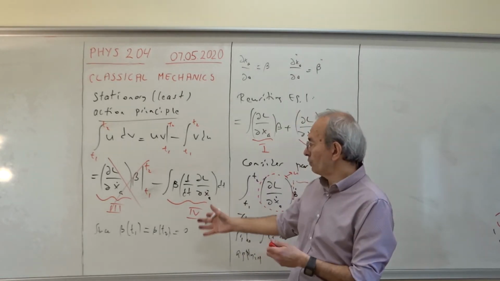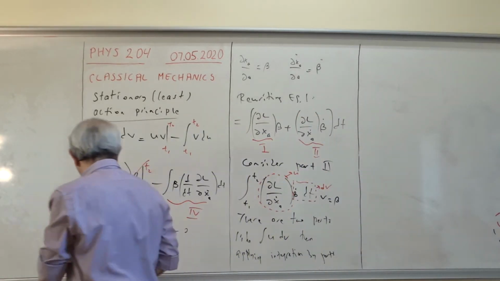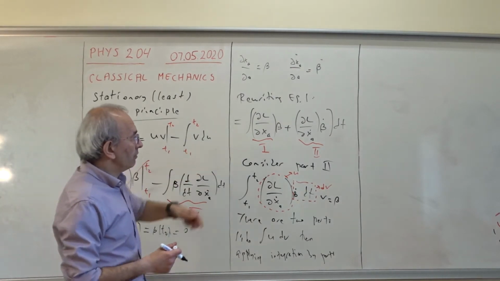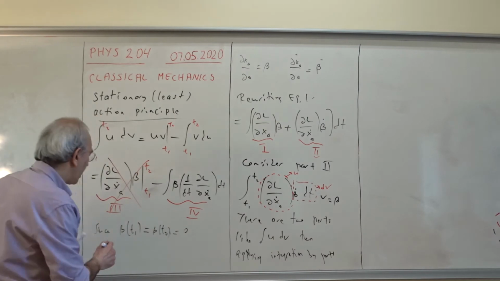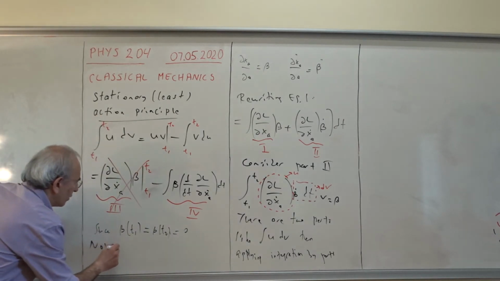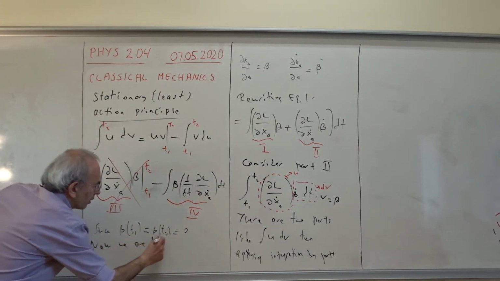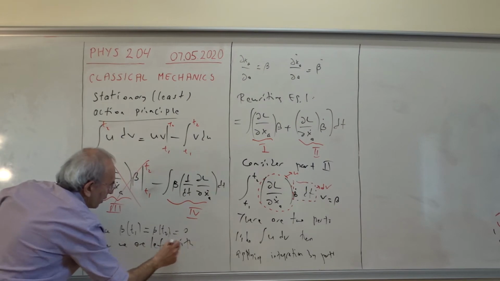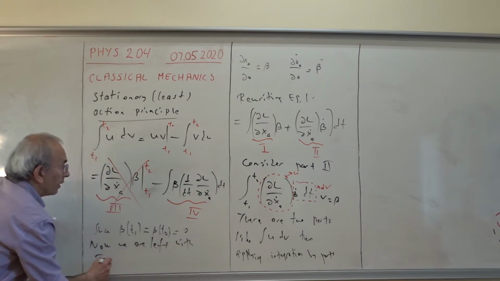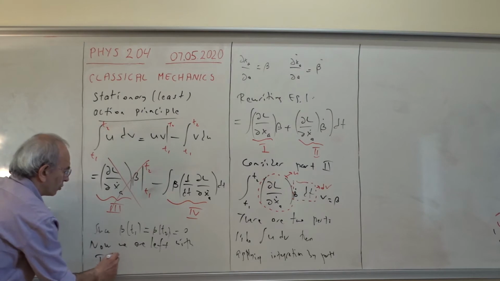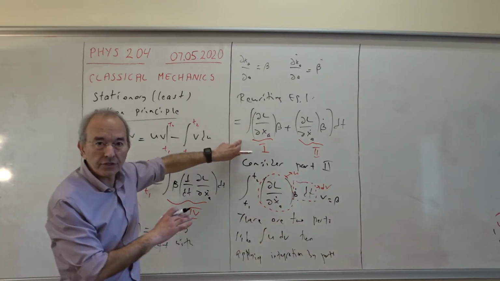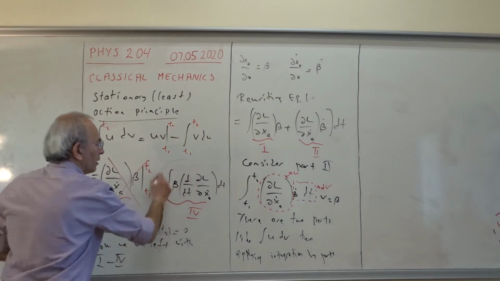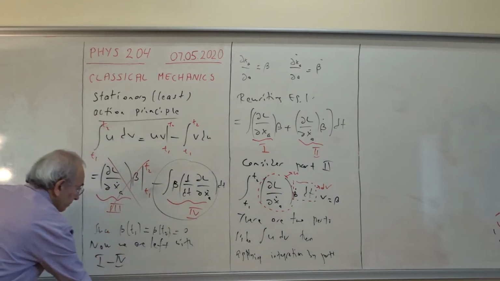What about term 4? Second is written, so we have 1 and 4. Now we are left with 1 and 4: the first part, which we left aside, and this last part.